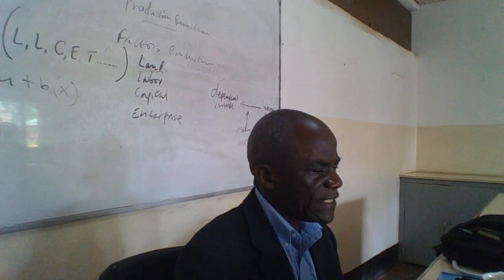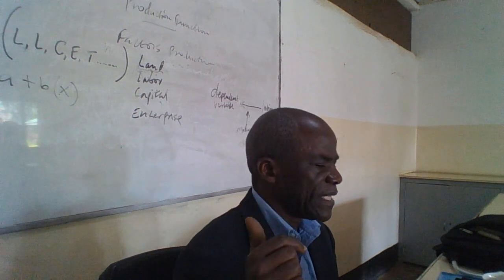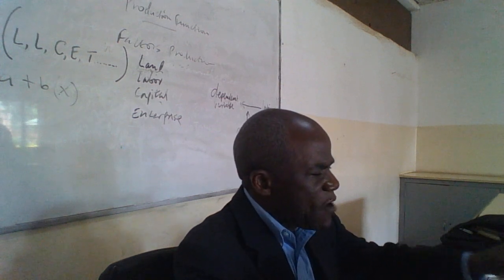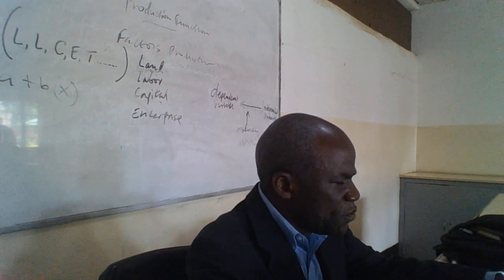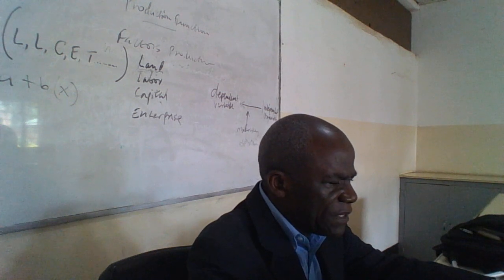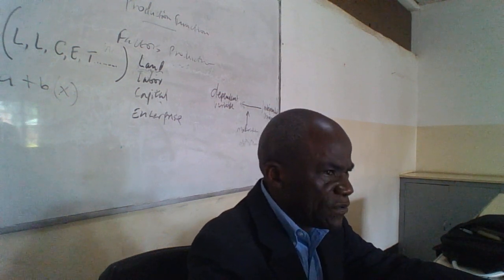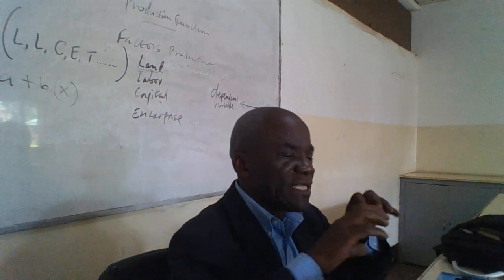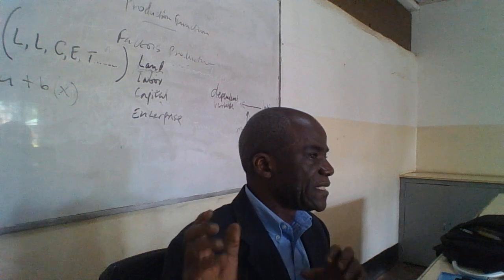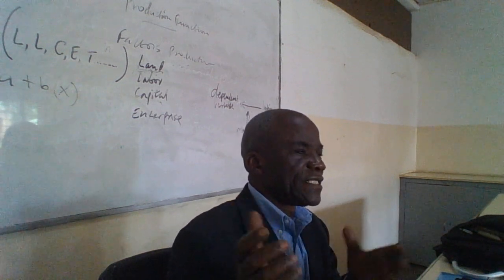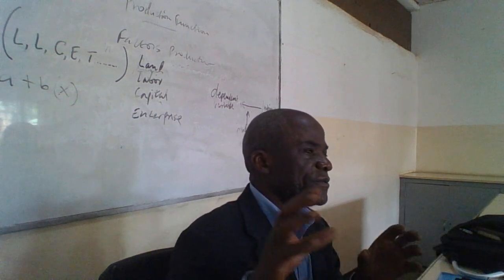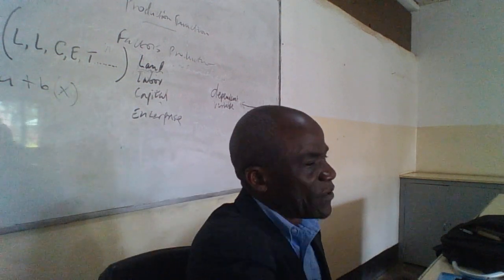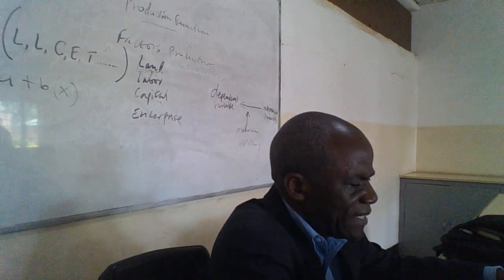Now, what is very important is that that technical relationship does not state how much output Q changes as a consequence of changes in various inputs. It's not saying that. It just describes a relationship. It doesn't tell us how output will change when you change the proportions of the inputs that are required.